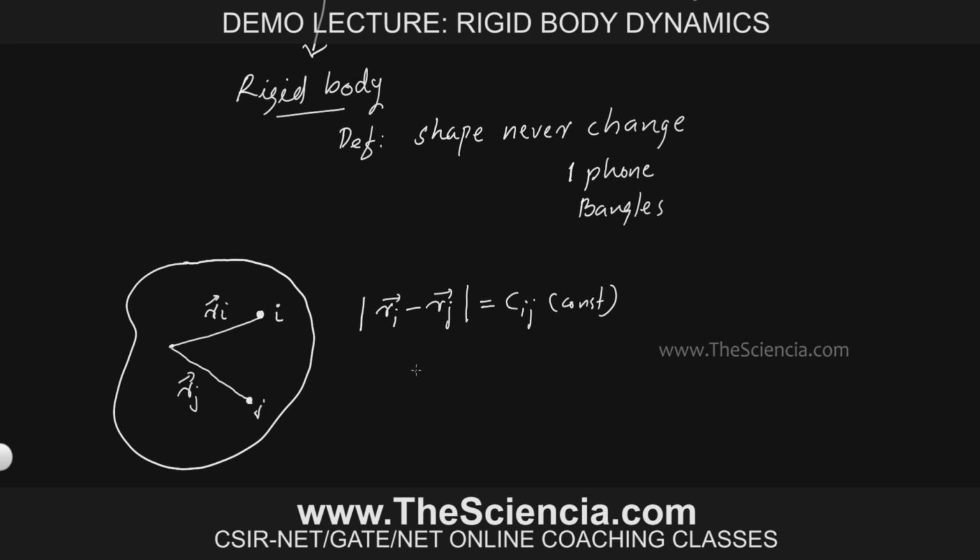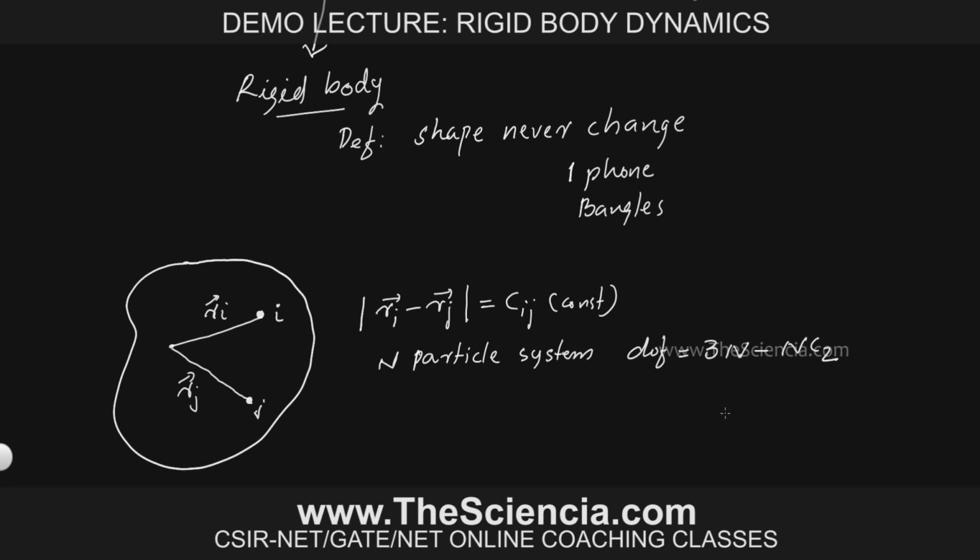And you already learned that for a particle system, that is an n particle system, the degrees of freedom is equal to 3n minus nC2, right?